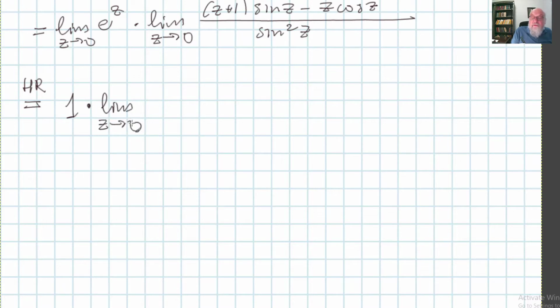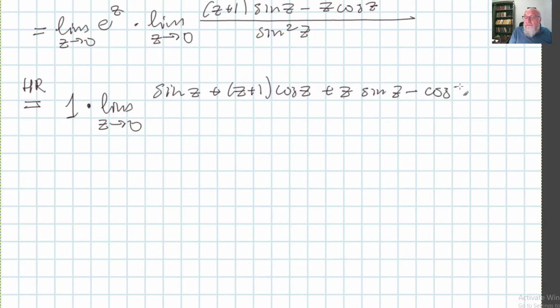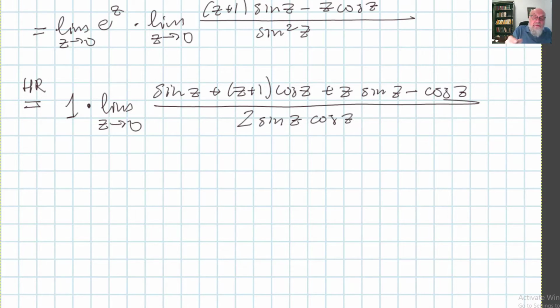Let's apply L'Hopital's rule, so we are getting sine of z plus z plus 1 cosine of z plus z sine z, and again minus cosine of z, divided by 2 sine of z cosine of z. Then you see something simplifies. This simplifies, so it's good.